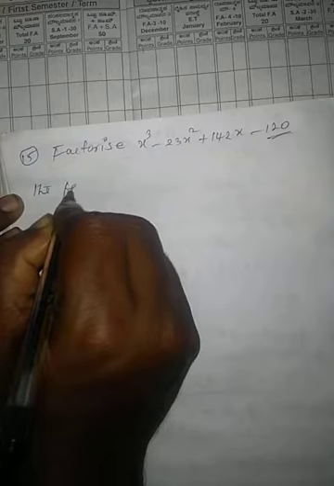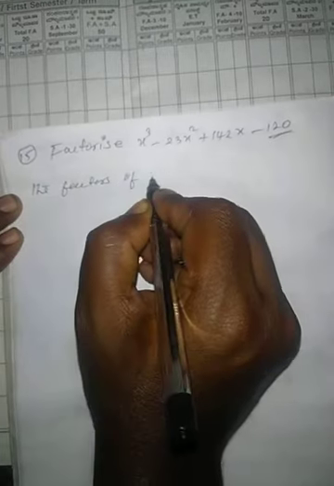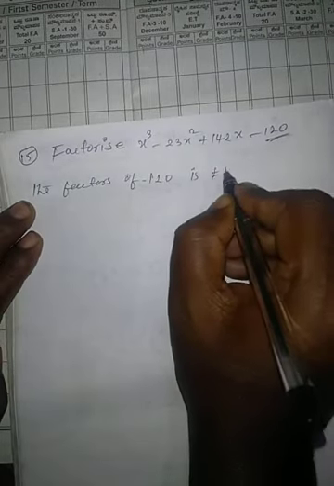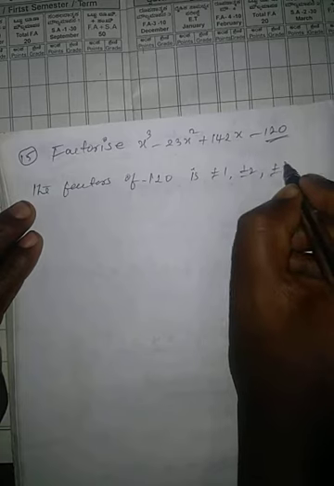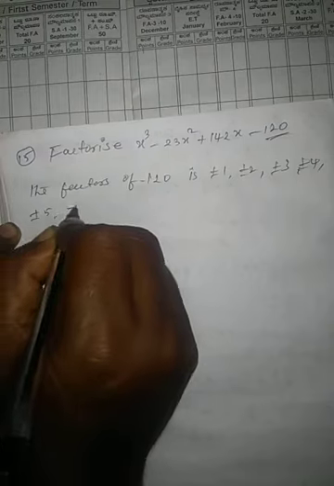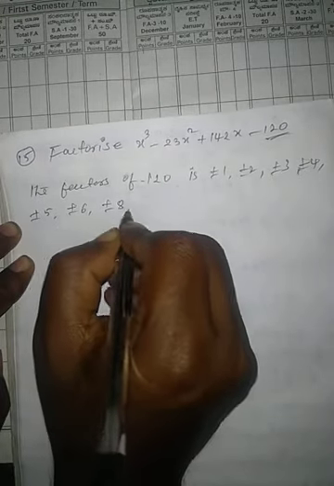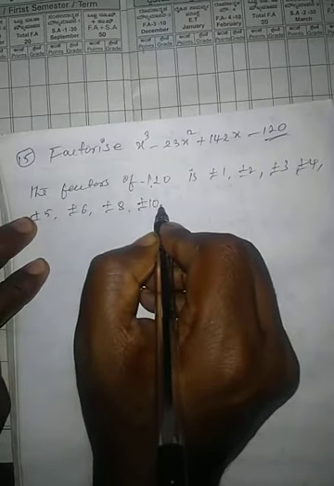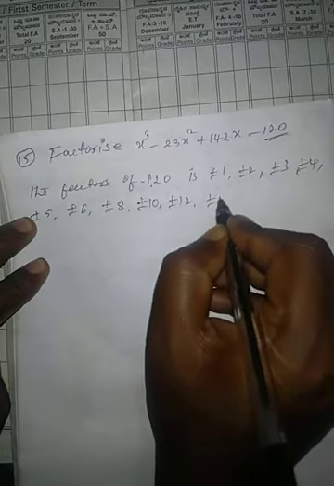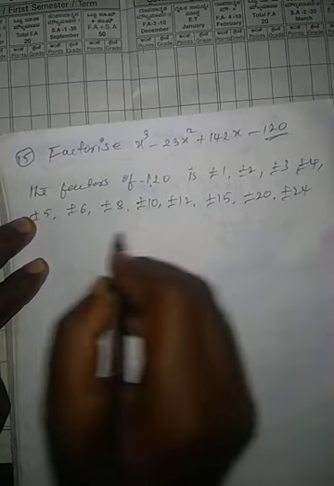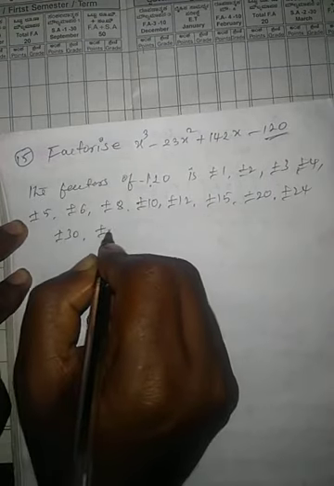Here the last number is 120. The factors of 120, what is minus 120, are plus or minus 1, plus or minus 2, plus or minus 3, plus or minus 4, plus or minus 5, plus or minus 6, plus or minus 8, because 7 is not a divisor of 120, and similarly plus or minus 10, plus or minus 12, plus or minus 15, plus or minus 20, plus or minus 24, plus or minus 30 and plus or minus 60.